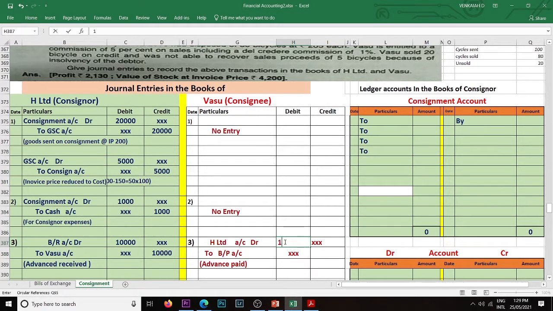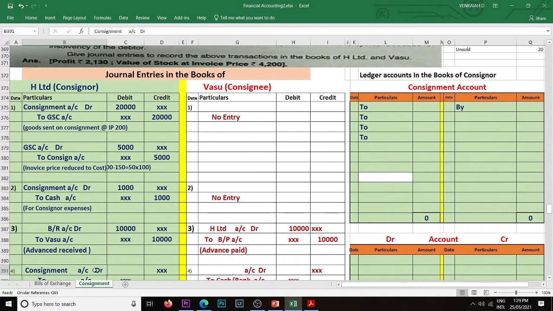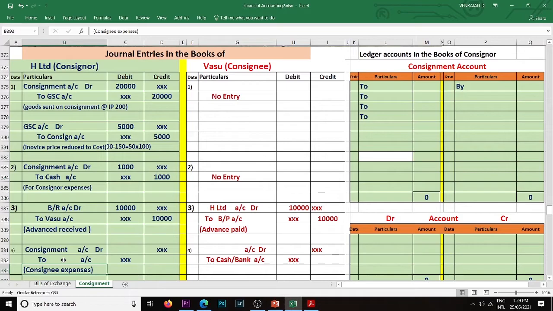Amount is 10,000. Next, consignee expenses. The entry is consignment account debit to Vasu account. This you already know from the earlier problems. Simply remember the procedure and post the amounts. 650, I think.